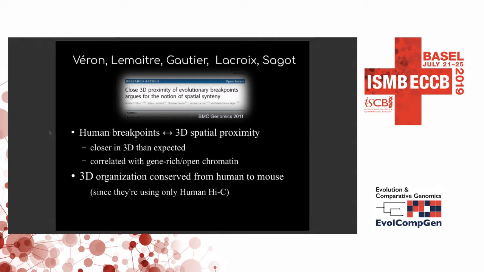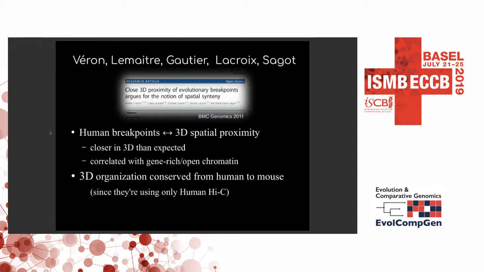So far, the most sophisticated study that has been done, it was from 2011, where they studied exactly this question. They came to conclusions that, in general, indeed, the breakpoints are closer in 3D than expected by chance, and it correlates with gene-rich open chromatin regions.